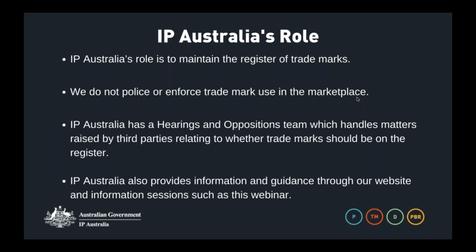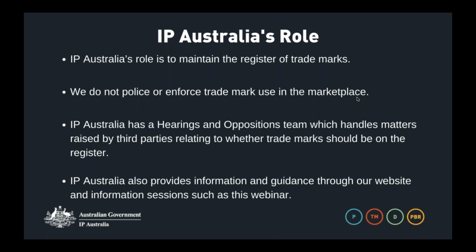This means that if someone else applies for a similar trademark on similar goods and services, it is our responsibility to raise pre-existing registered trademarks as a barrier to later filed applications. These barriers must be overcome if the later filed application is to proceed to acceptance and registration. If you feel that IP Australia has accepted or registered a trademark in error, then there are potential avenues for redress through IP Australia's oppositions and hearings team.